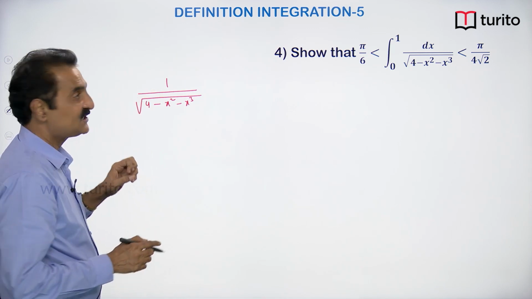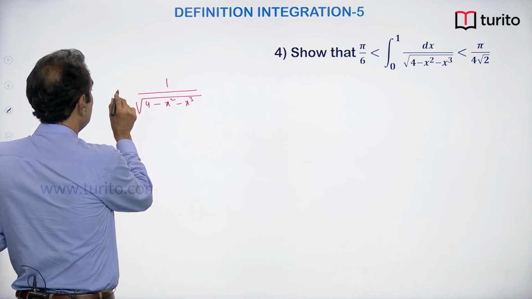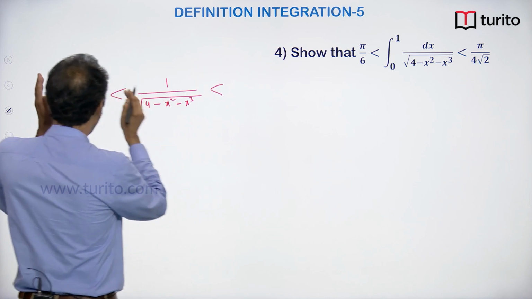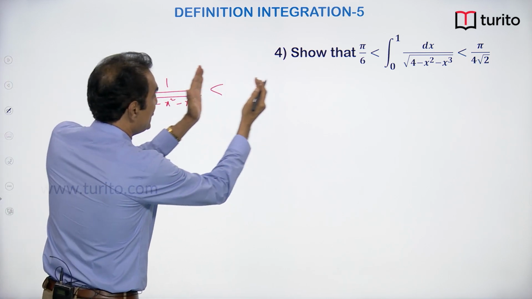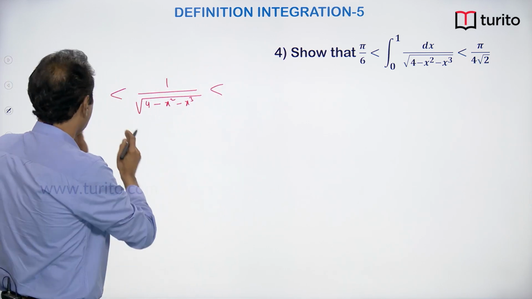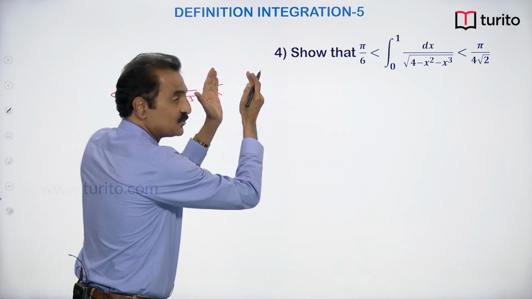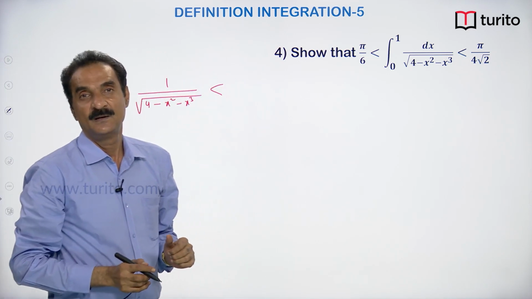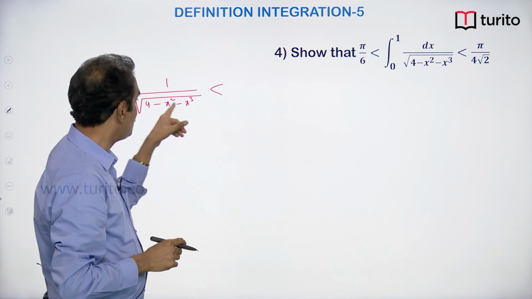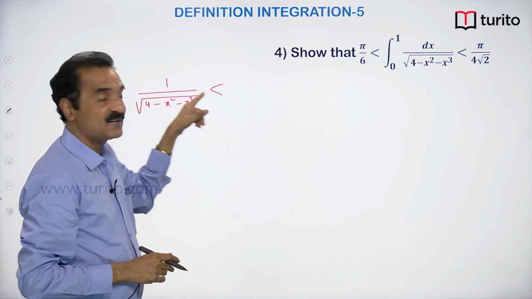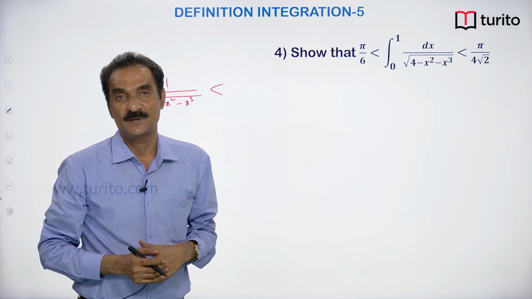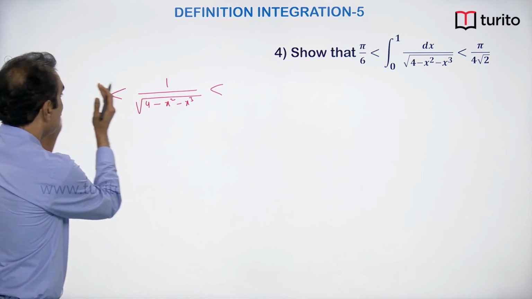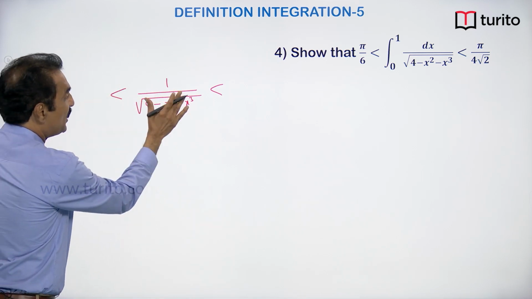Since we cannot integrate this, we will write an inequality such that some function is less than this, which is less than some other function, so that both of these functions are integrable. When is it integrable? When a quadratic term is under the root. So, here I want to write a function which is smaller than this.